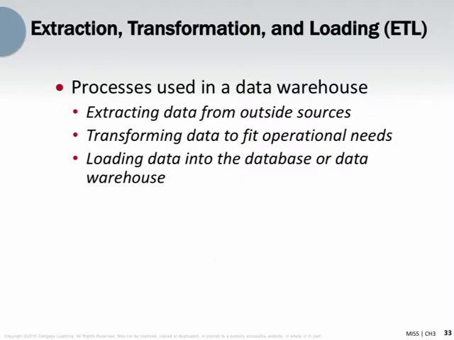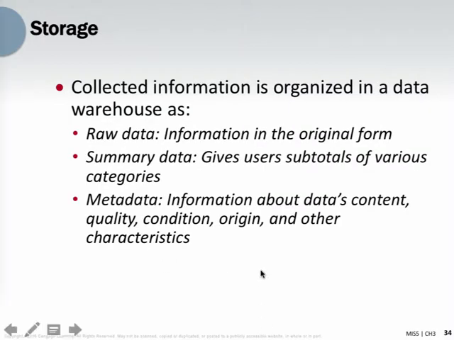And then, how's this stored? Well, it's typically organized as raw data. Now, the raw data is what we talked about, those individual fields in the student ID. It's the individual fingerprint in the fingerprint system. Then there's summary data. And these are the stats that we always get when there's a data breach.